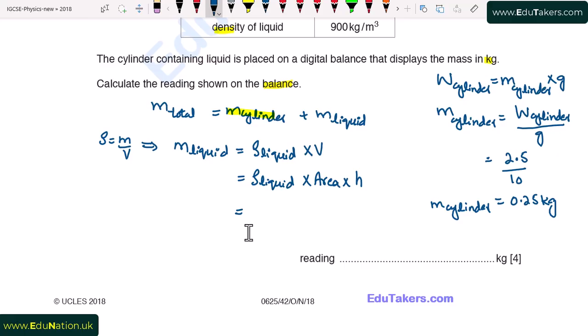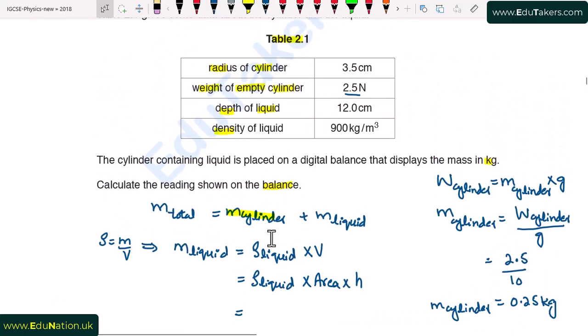So here the density of the liquid is given, that is 900 kilogram per meter cube. So it will be 900 multiplied by the area, which will be pi r square. So pi is 3.14 multiplied by the radius.